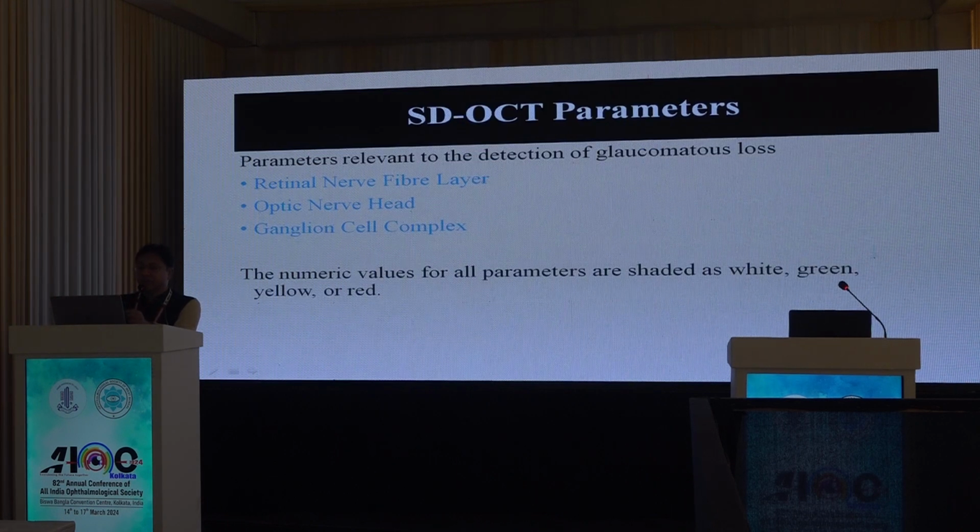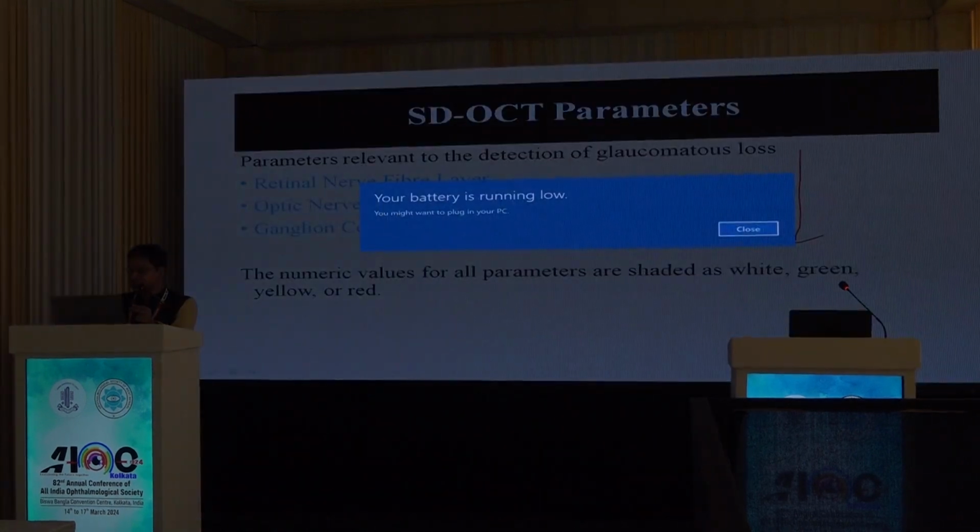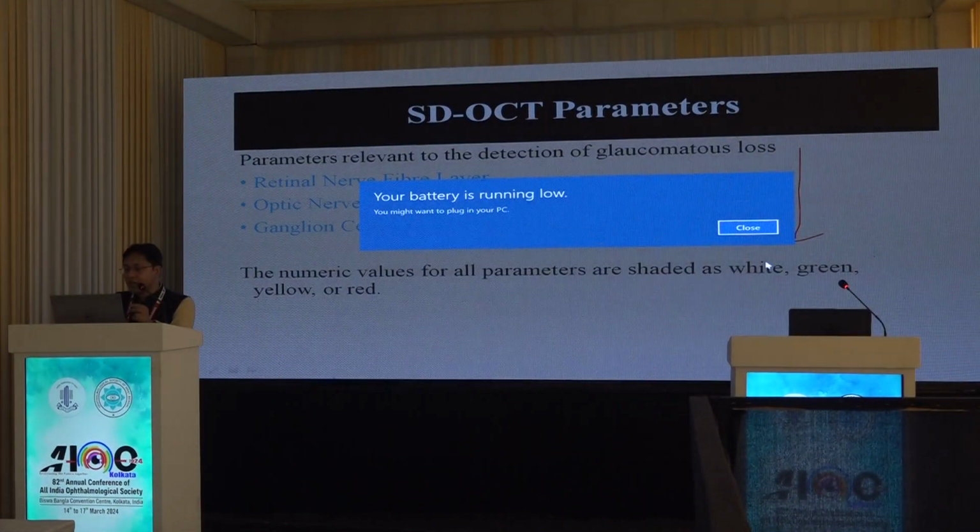So whatever the parameters are, we can analyze the RNFL, optic nerve head, and the ganglion cell complex. All these three you can detect and check with the help of your OCT, and these can help you.